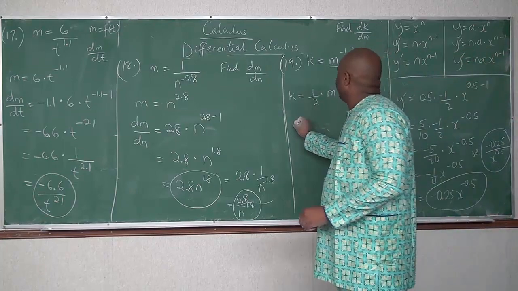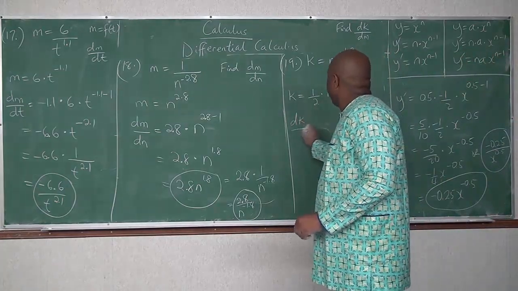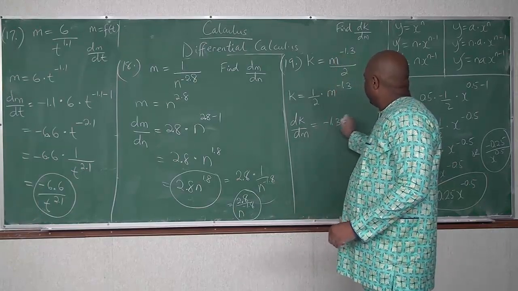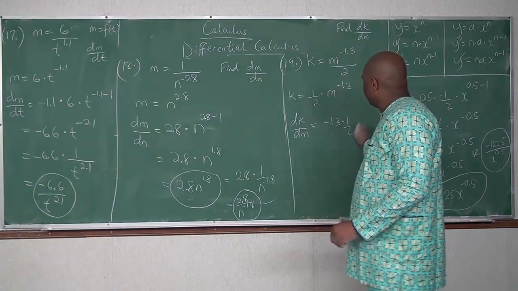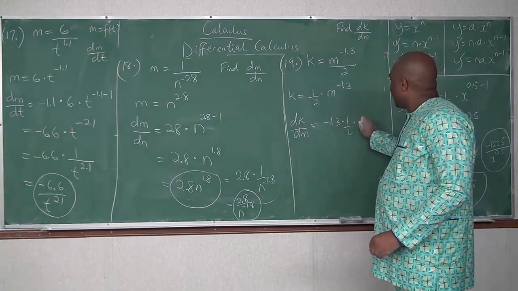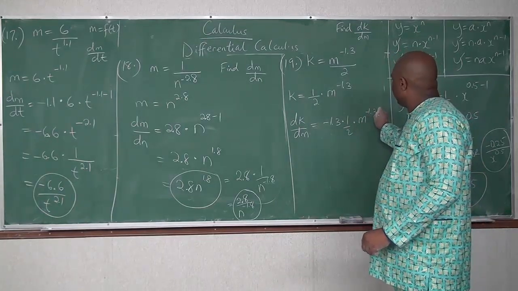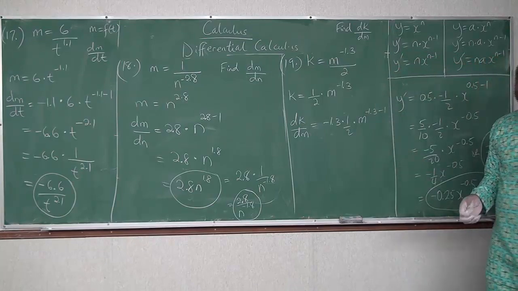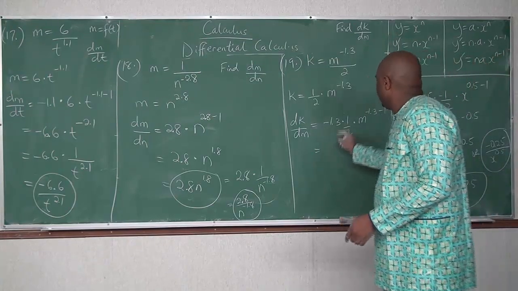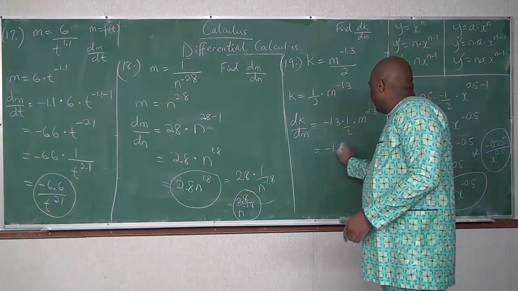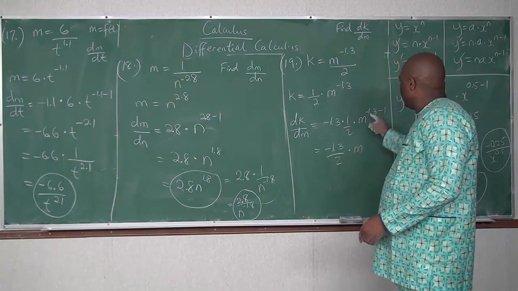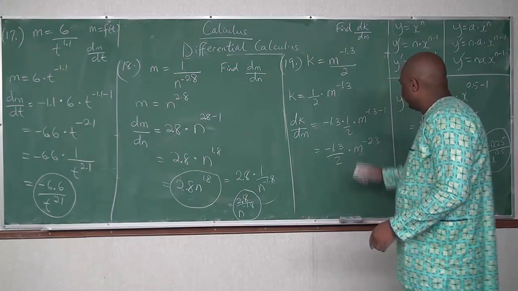So this will be K, the dK/dm will be negative 1.3 times 1 over 2 times m negative 1.3 minus 1. Right? So this will be negative 1.3 over 2 times m negative 2.3.